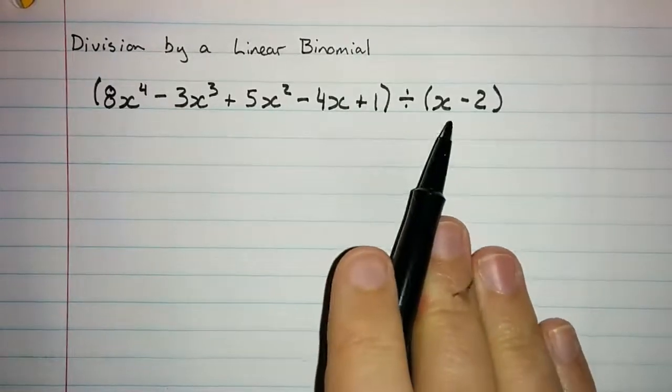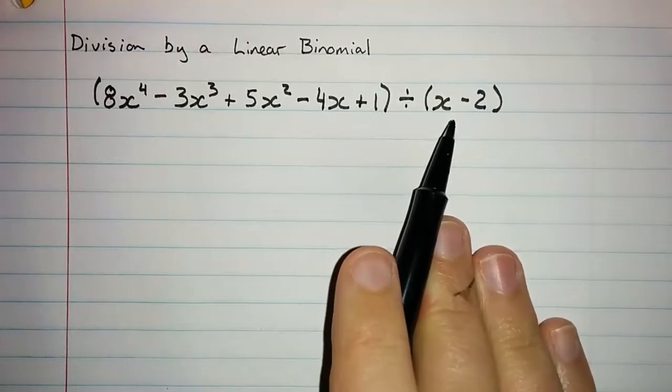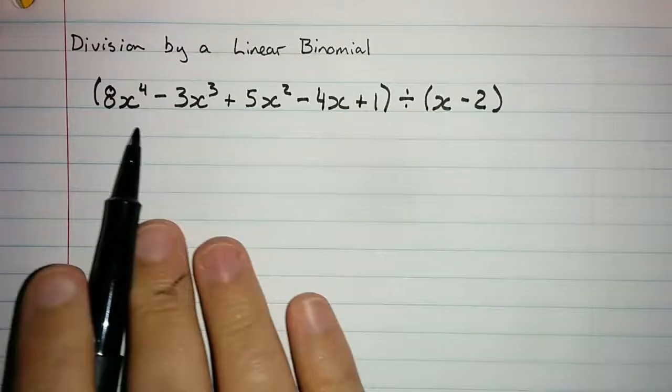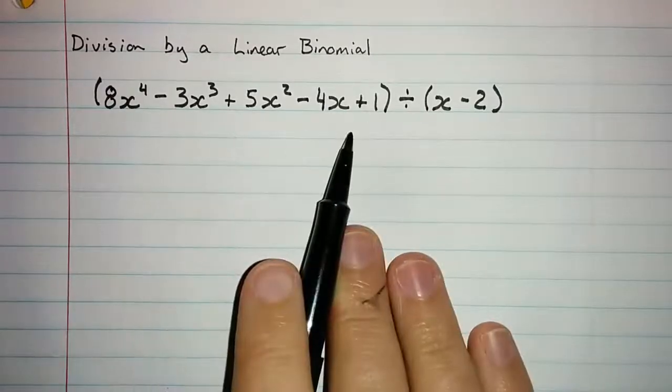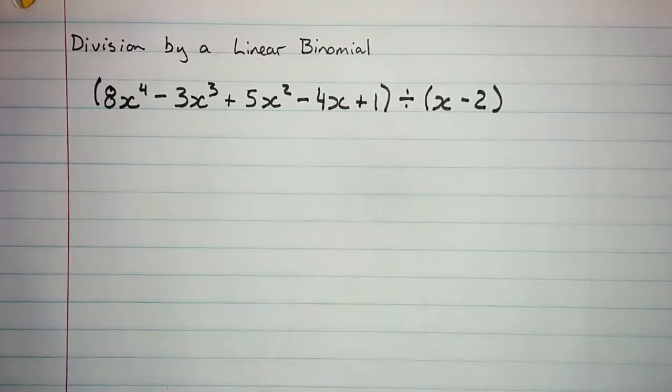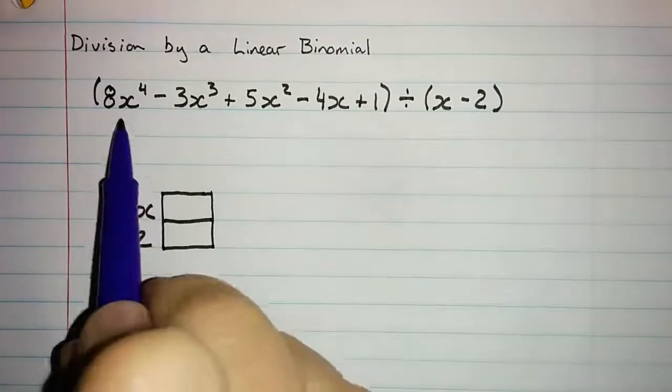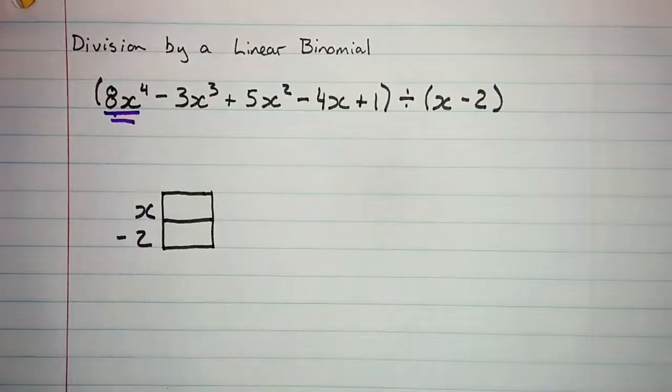Again, the question we want to answer is, what do we need to multiply x minus 2 by in order to get this polynomial? Let's start by thinking about when we do polynomial multiplication, how can we get this leading term, our 8x to the fourth?